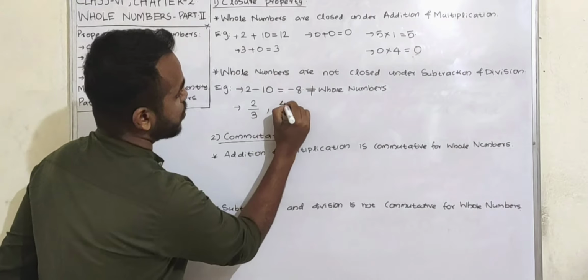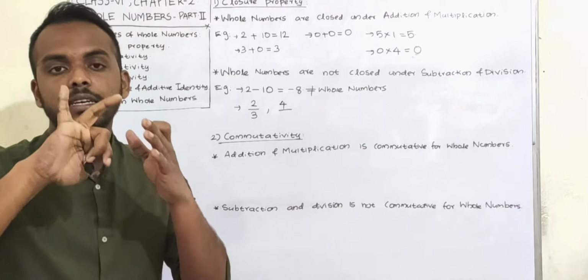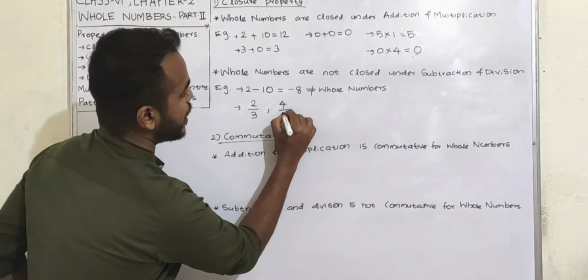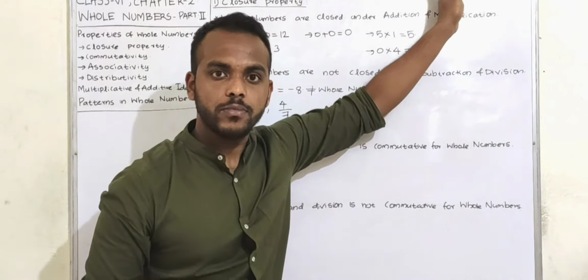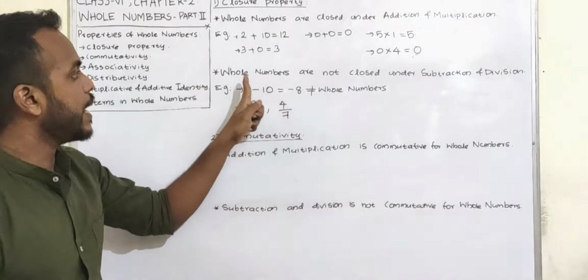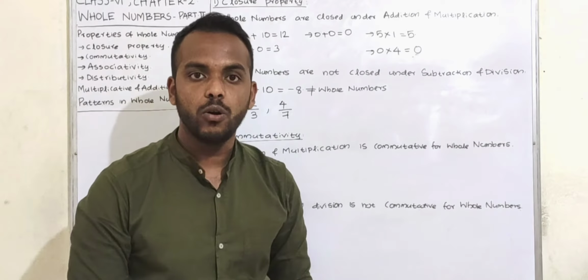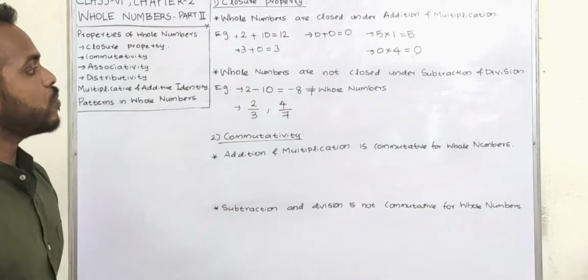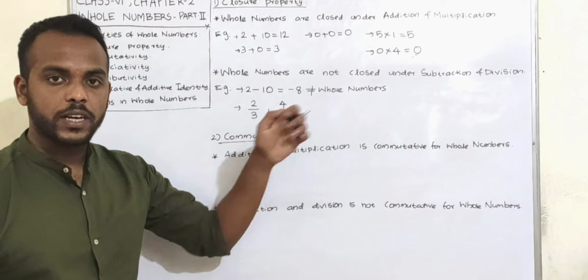Then I take numbers 4 and 7. 4 is a whole number, 7 is a whole number. If I divide 4 by 7, is this included in this collection? No. Then we can say whole numbers are not closed under subtraction and division. That's it. If you want to see it again, please rewatch this part of the video.